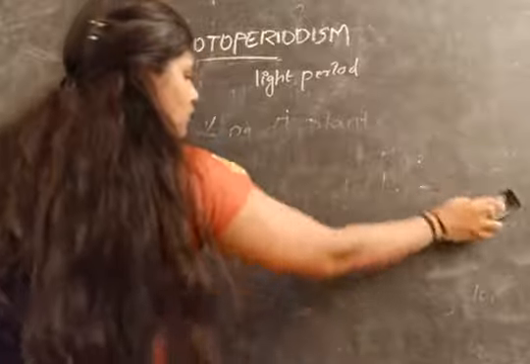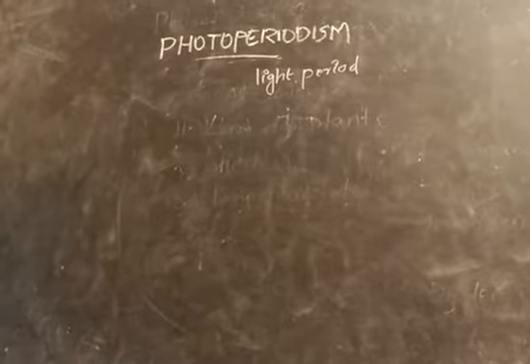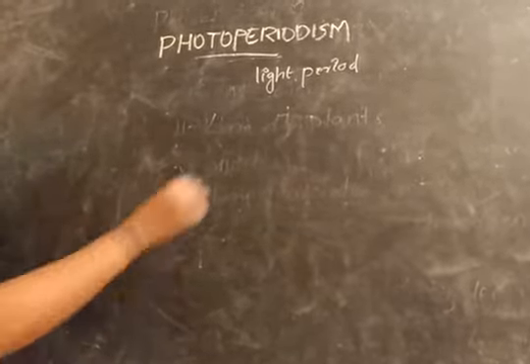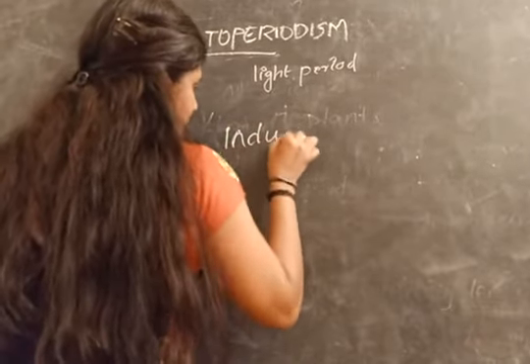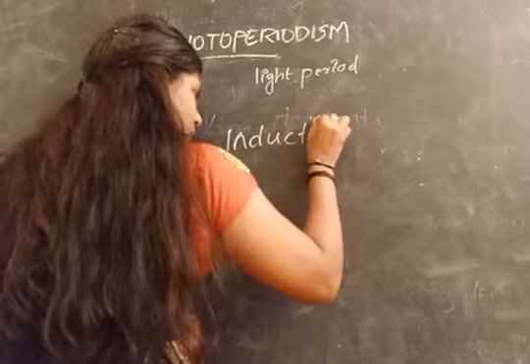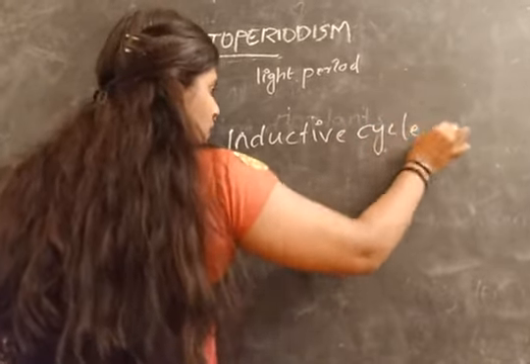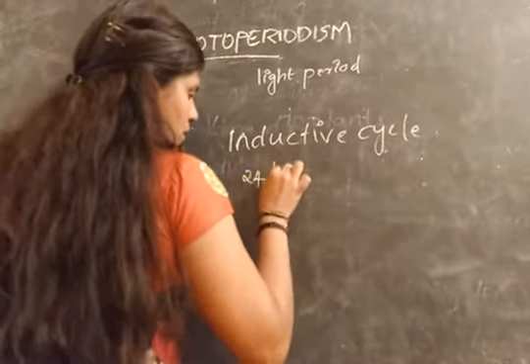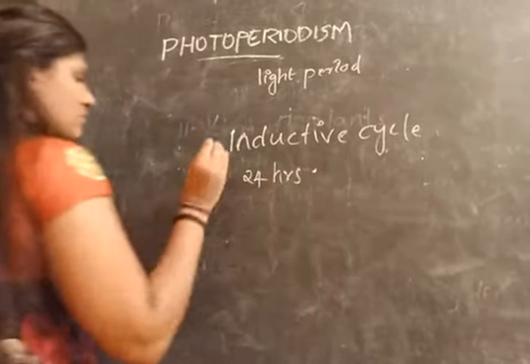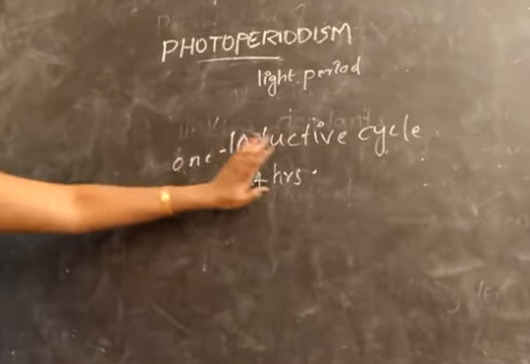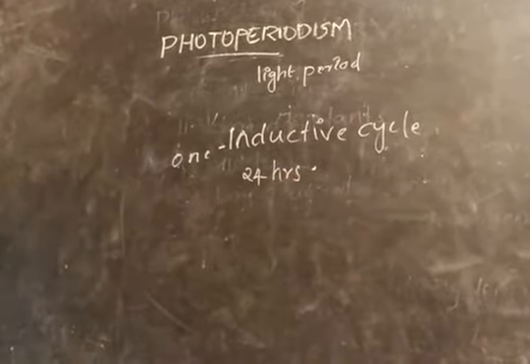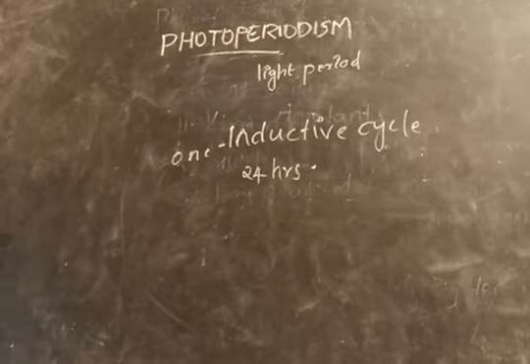What is photoperiodic induction? An appropriate photoperiod in a 24-hour cycle constitutes one inductive cycle.